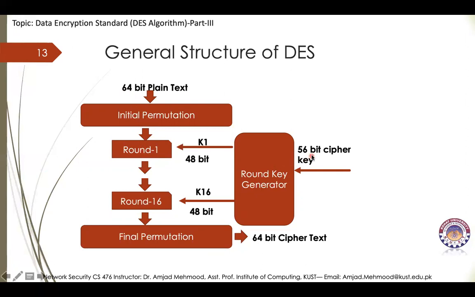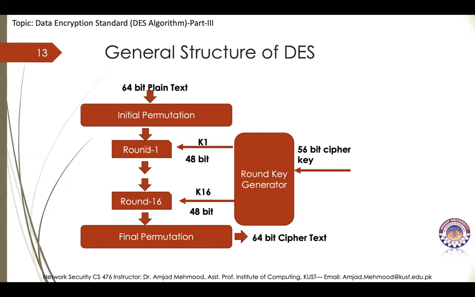Then the 56-bit cipher key will be used by the key generator to produce a 48-bit sub key for each round. So you will have 16 different keys. I have explained the function of round one.